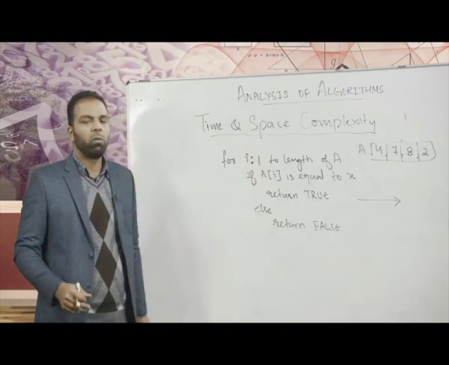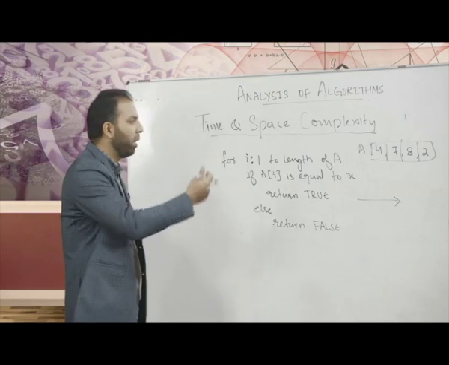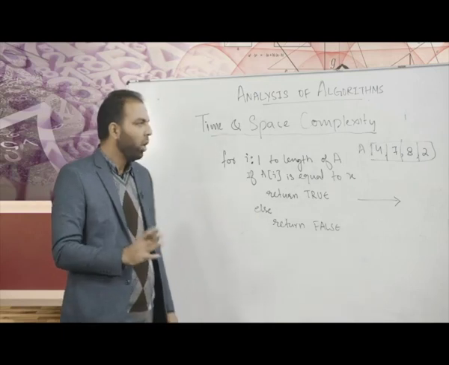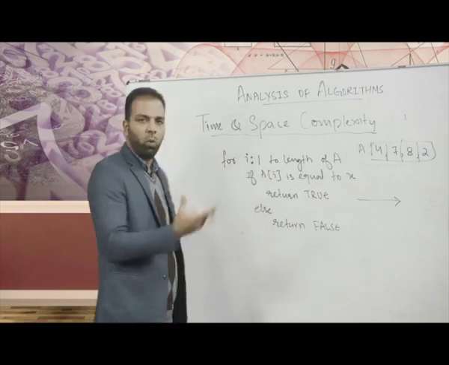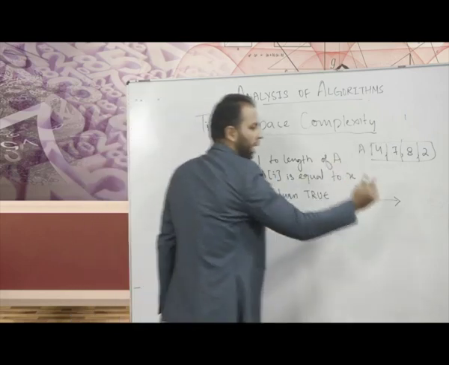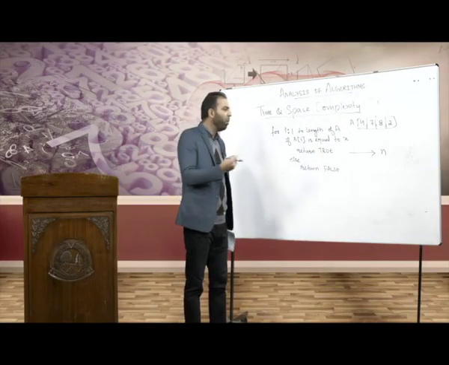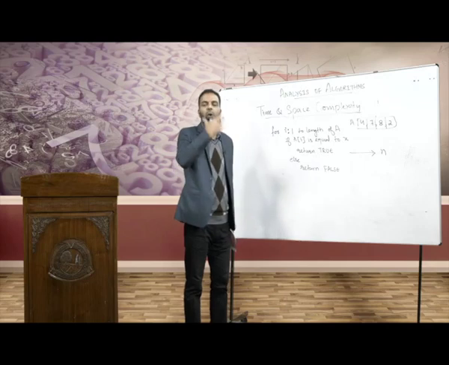So what's the worst case? The worst case is that the value of x is 2, the last element, or the element is not present. We will assume that the length of array a is n. So in the worst case, it will take time n. But how much time will it take for each comparison?